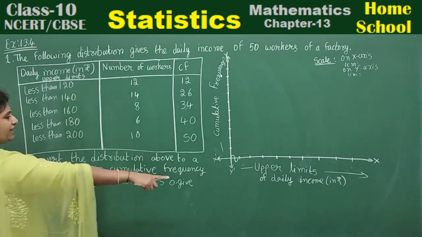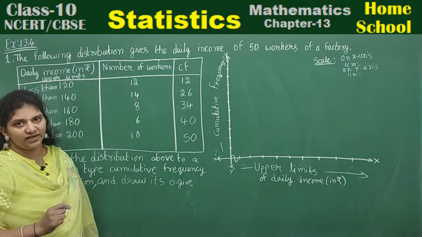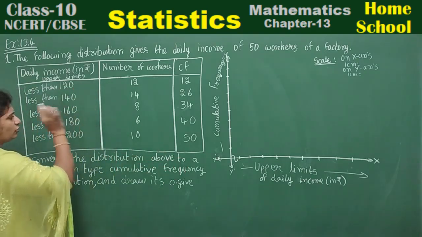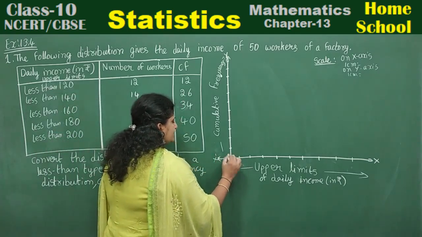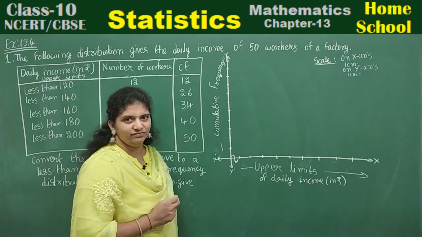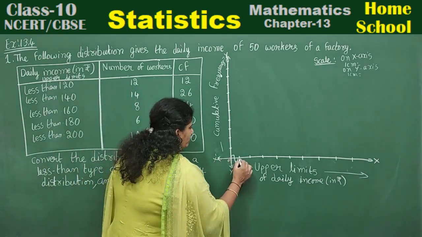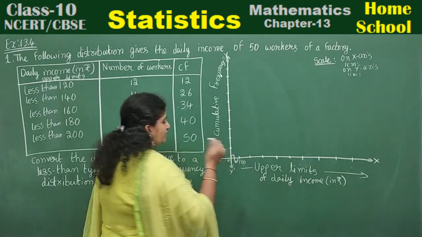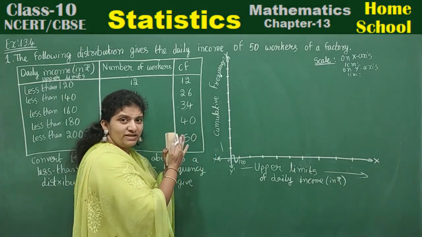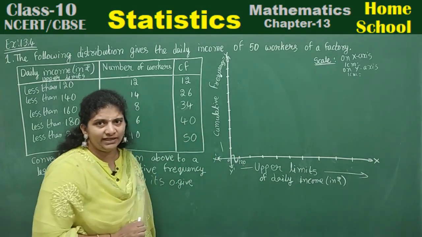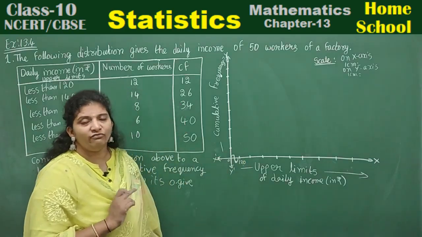Now observe, on the x-axis I need to plot the upper limits of daily income in rupees, 120 to 200. Let me give a small wave. What is this? It is a compression of the graph. The scale from 0 to 120 I compress, since I don't want up to 110, so I continue from 120.